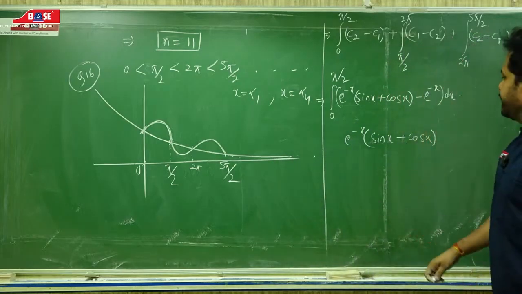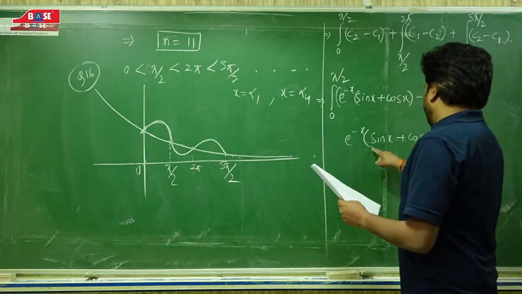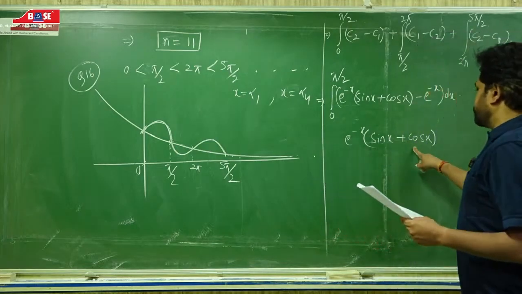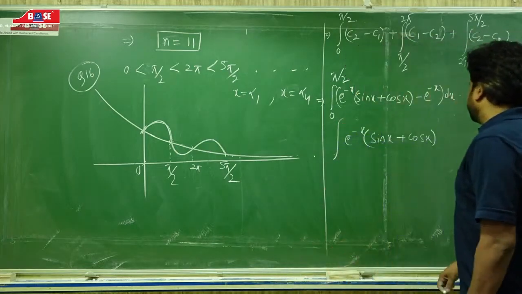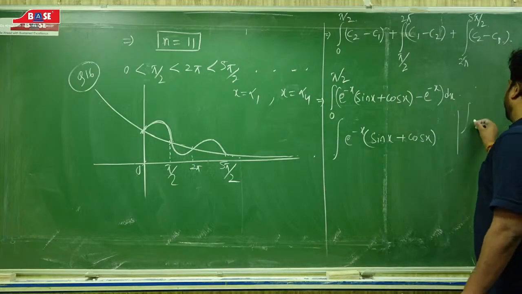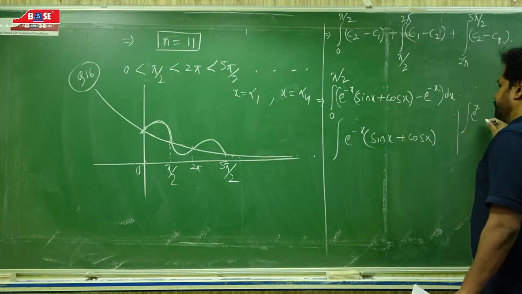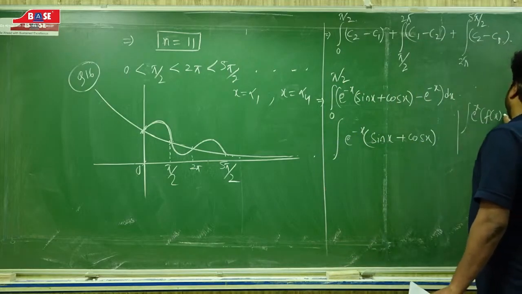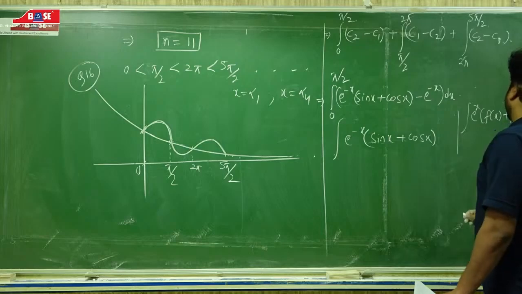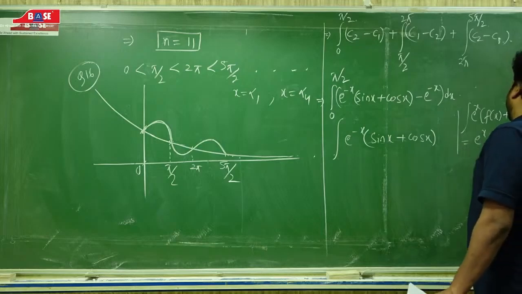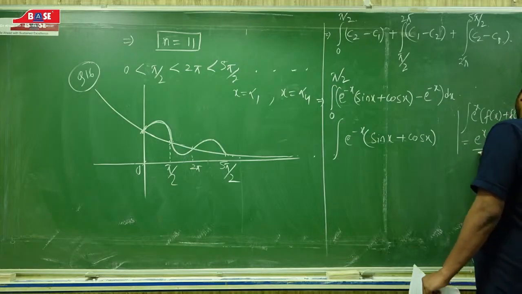Because this we can do easily. e power minus x will directly give minus e power minus x. For e power minus x into (sin x plus cos x), if I try to integrate this, if you remember, we have one identity: the integral of f of x plus f dash x is e power x f of x.